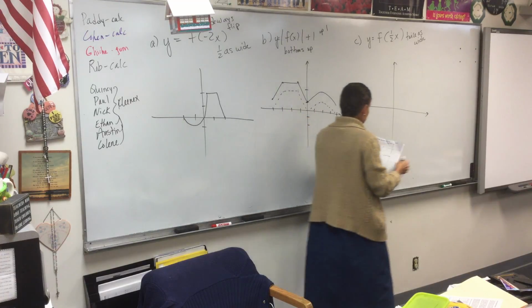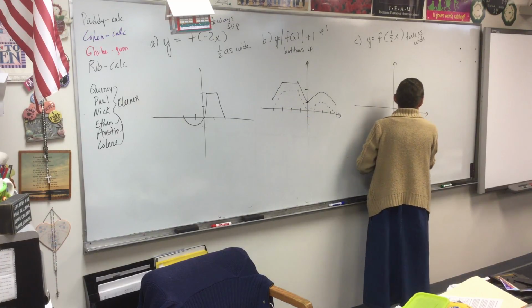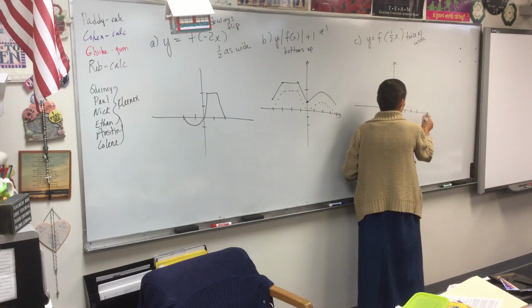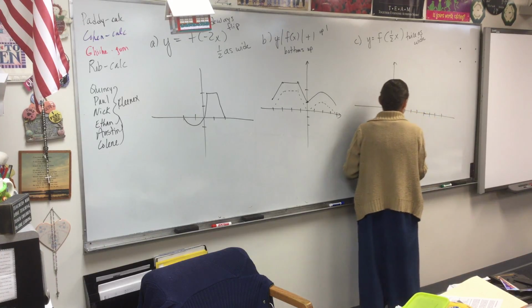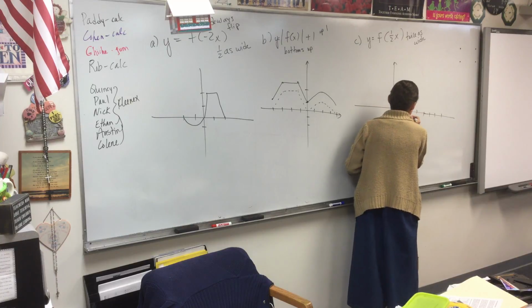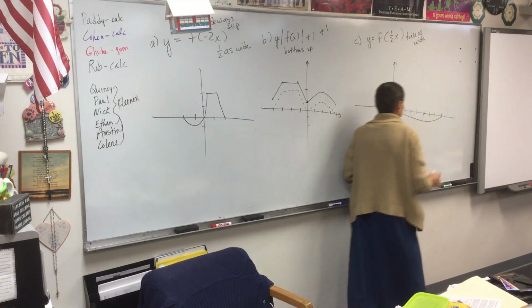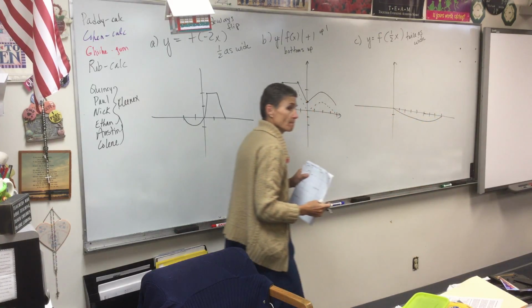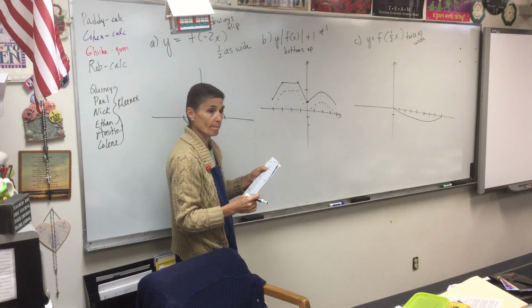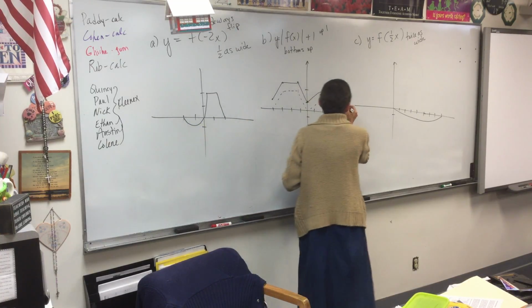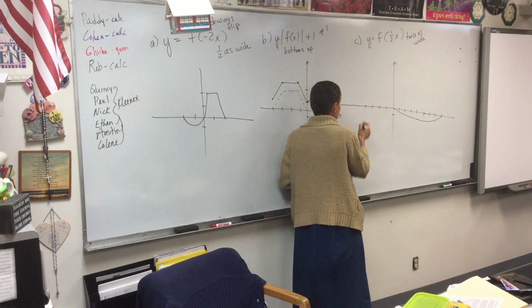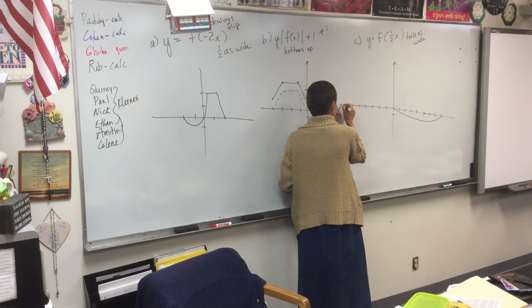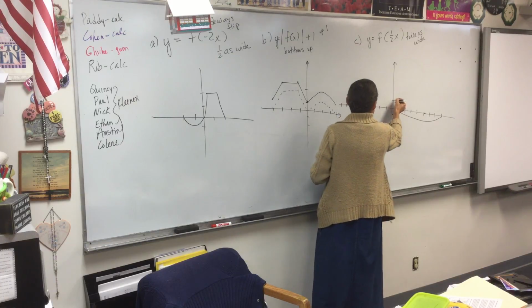So that means that my semicircle that used to be 4 units across is now going to be 8 units across. So it's all stretched out. There's my semicircle. And my trapezoid that used to be 1, 2, 3, 4 across is now 5, 6, 7, 8 across.